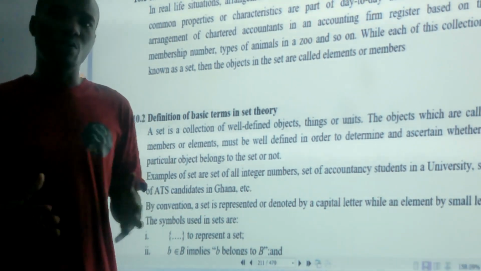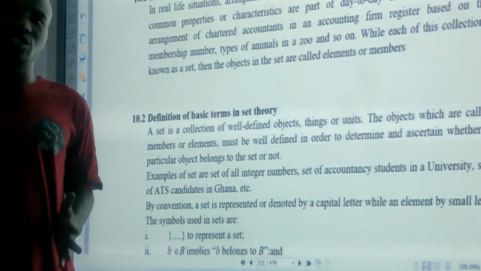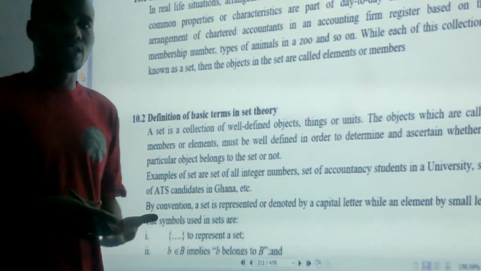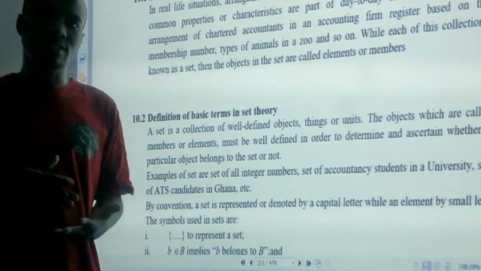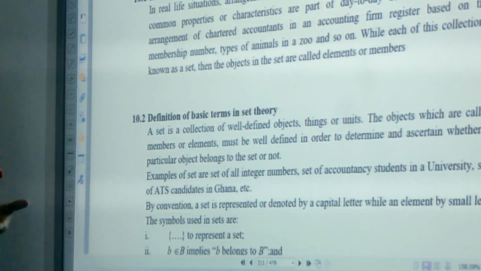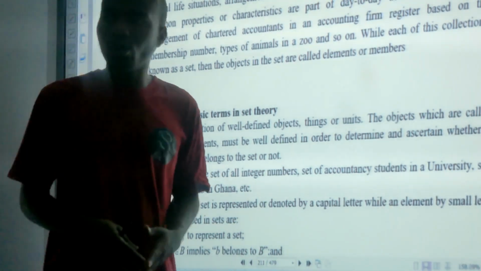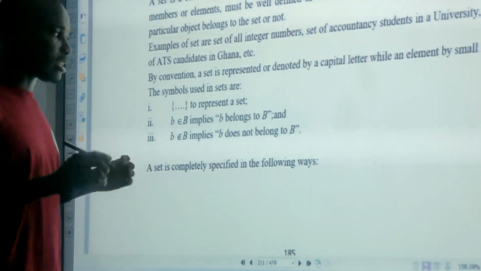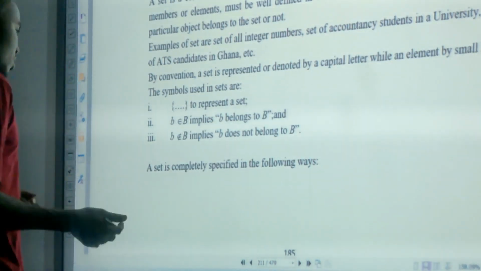So we can say the whole organization is a set, while the different members define the elements or members of that particular set. We really need a sound knowledge of what defines a set. We use letters to represent the overall idea of a set.